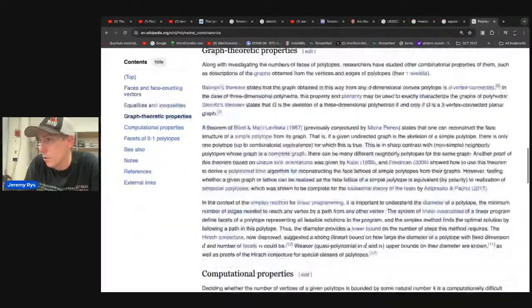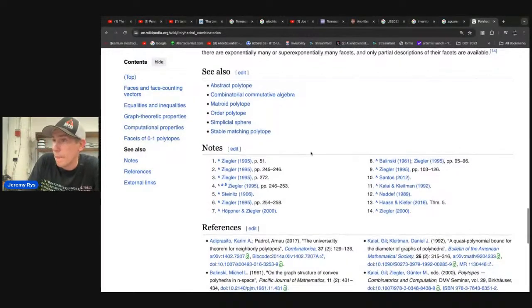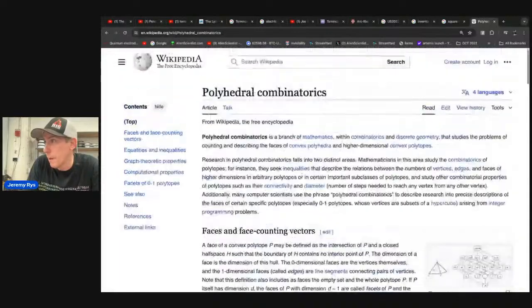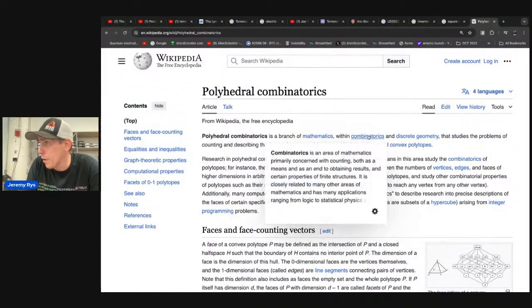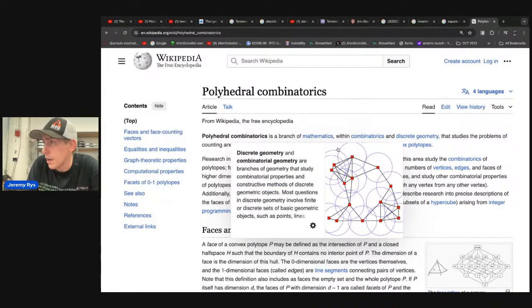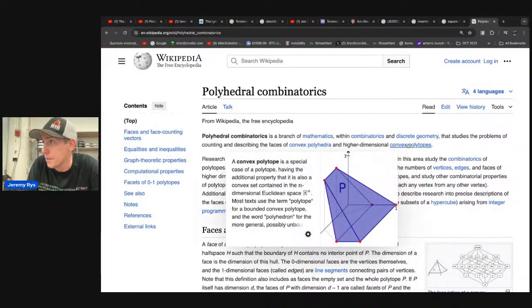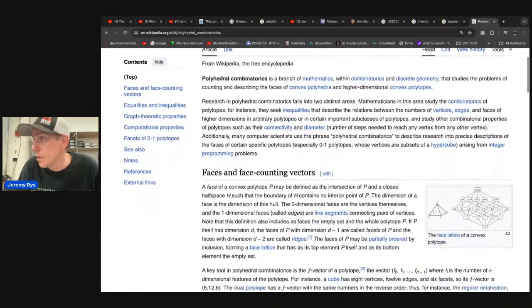So that is a whole other branch called polyhedral combinatorics, which is a fascinating branch of mathematics in and of itself, because it combines combinatorics with discrete geometry. If you're interested in really digging into the math and the science of this, there are lots of real problems left to be solved by geniuses who are just waiting for the next Terrence Howard to come along and solve some of these problems.